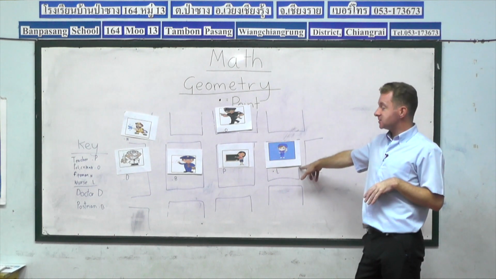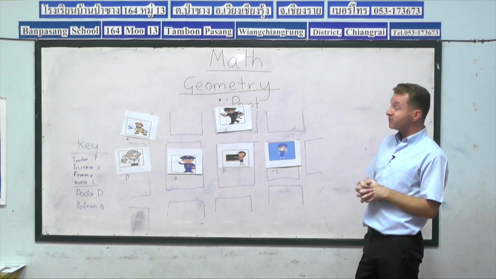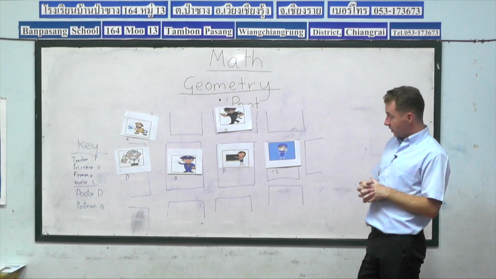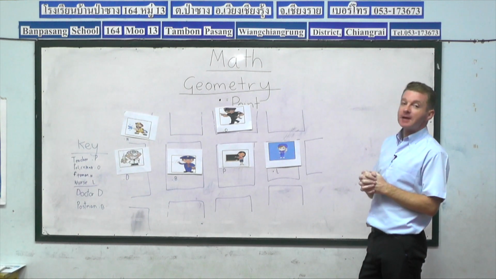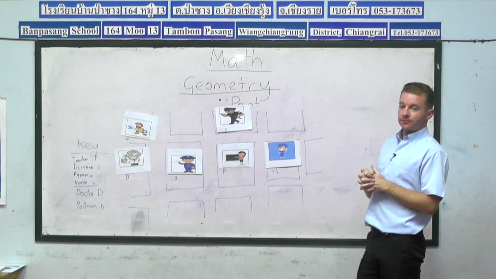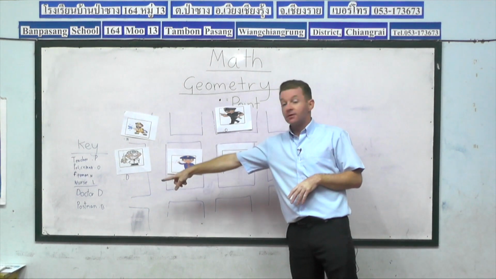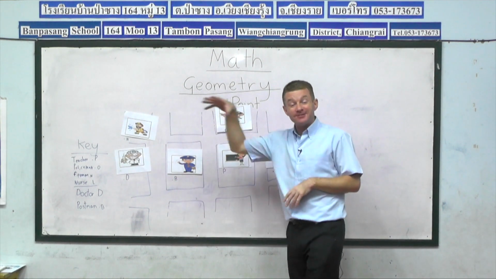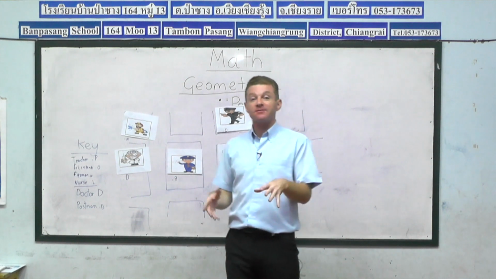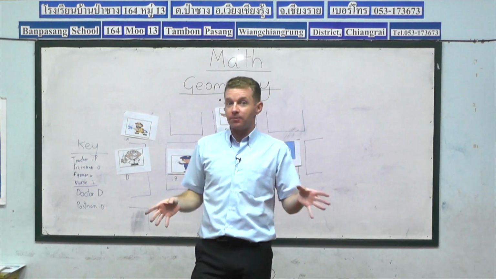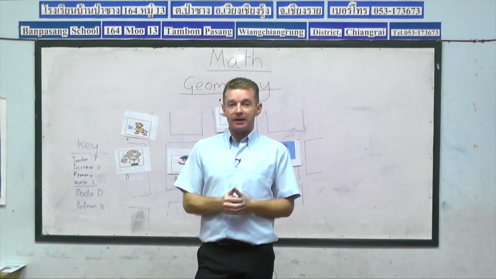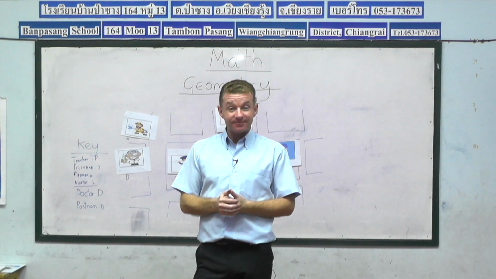Point L, yes. And what is the location of the doctor? Point D. And then finally, who is at point B? Point B, we have postman. So you see how we can use different points to show the locations of different people as well as different places. Guys, that was excellent. Very well done.